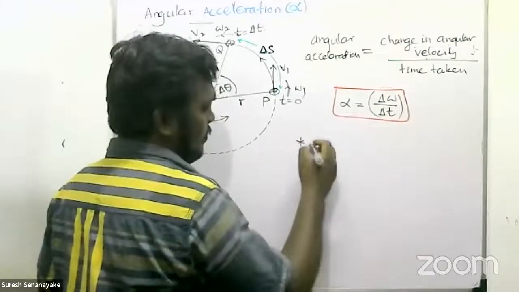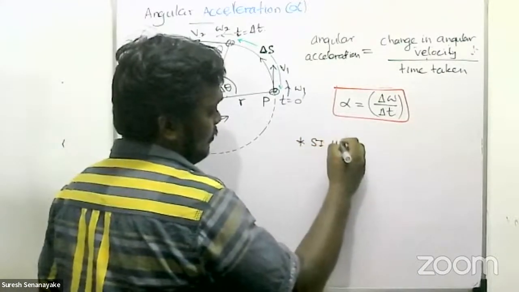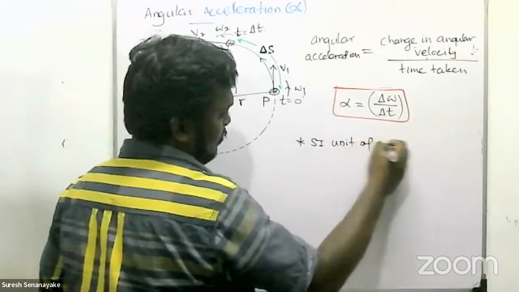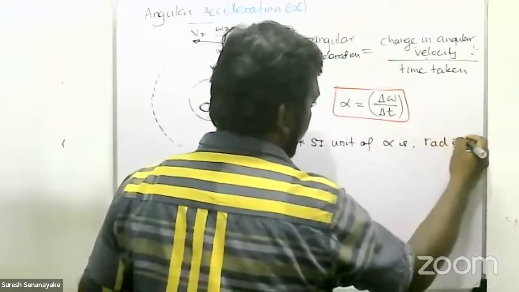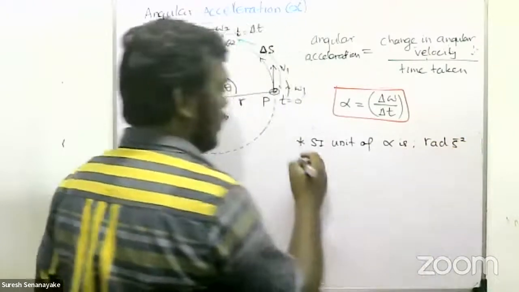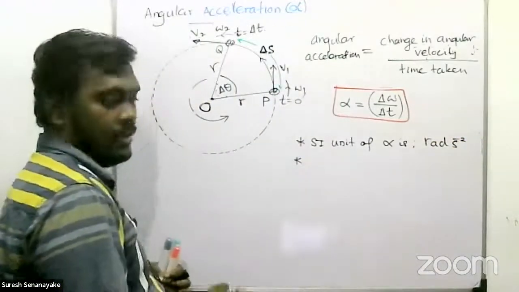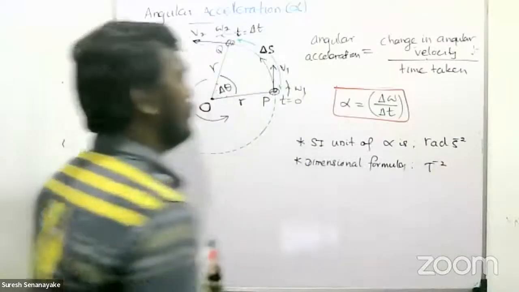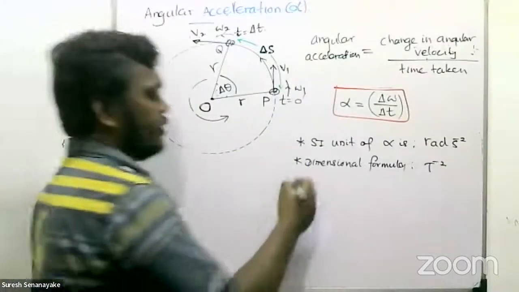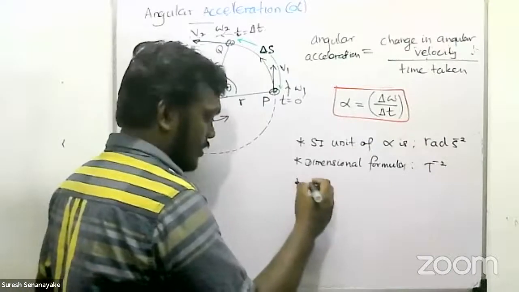Right, the SI unit of alpha is radians per second squared. And the dimensional formula is T to the power minus 2. And also write that angular acceleration is also a vector.